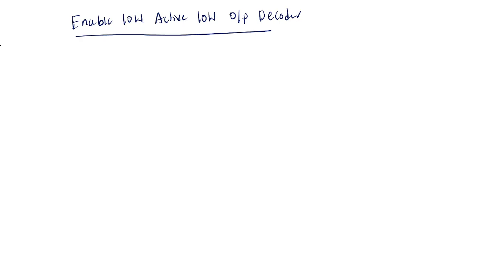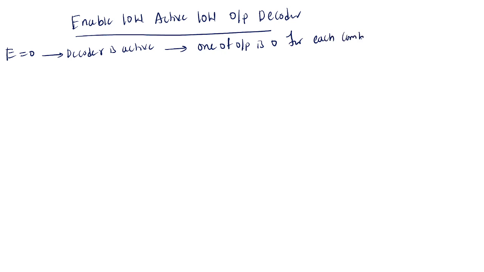So enable low means what? When enable equal to 0, the decoder will be in active state. The decoder is active, and one of the outputs will be 0 for each combination.